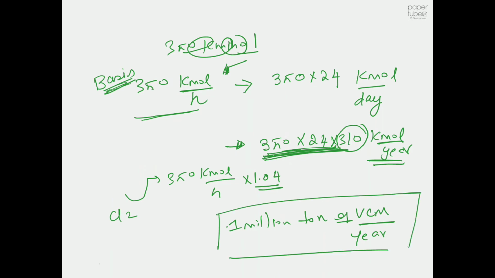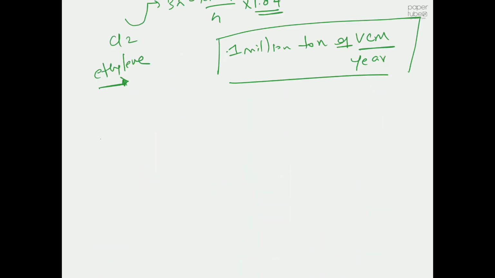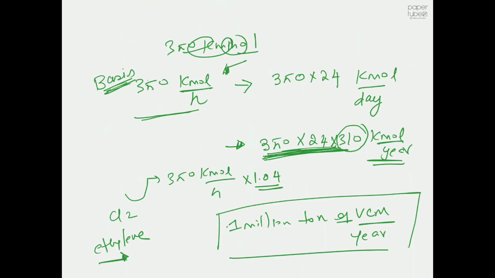Then what should be the flow rate of your ethylene and your other streams? You will learn this later, but for the moment we select a basis of 350 kilomole per hour, and from the reaction stoichiometry we know how much chlorine we need to add.